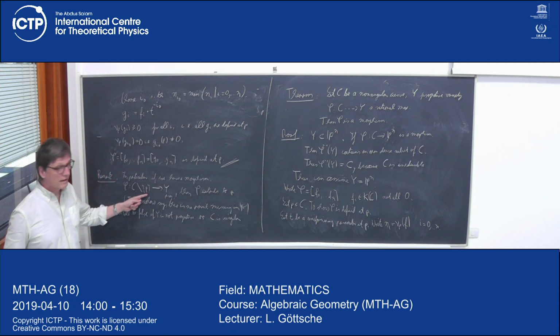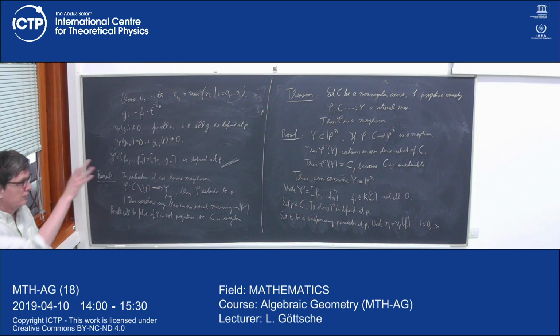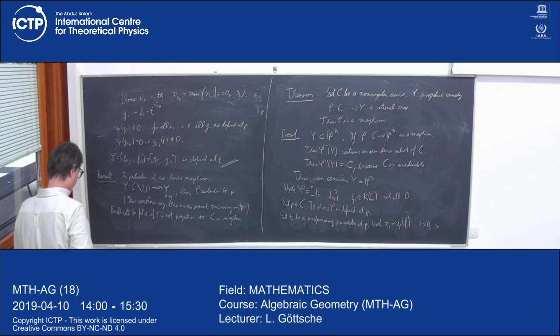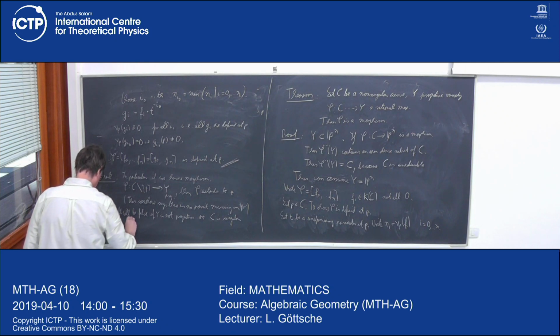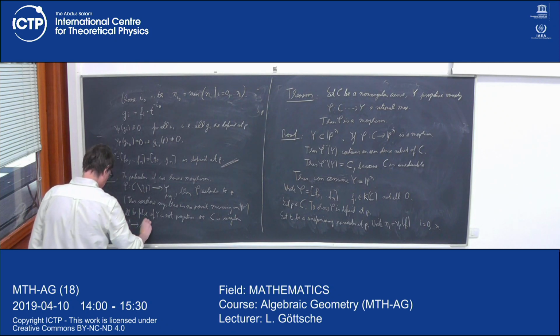If P were a singular point of the curve, then you might not be able to extend the map, and we really used here that it's non-singular because we used the local ring. If Y is not projective, you have, for instance, the inclusion from A1 to A2.